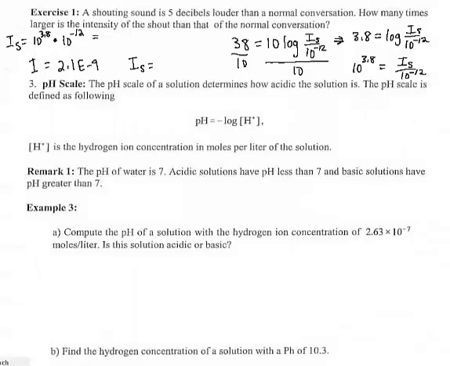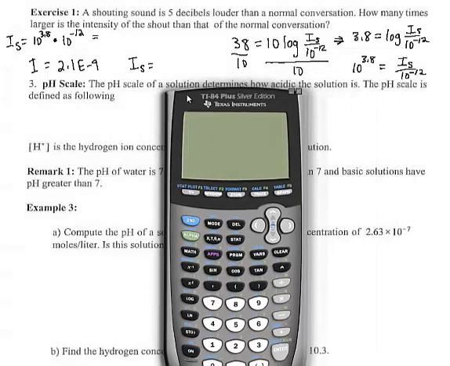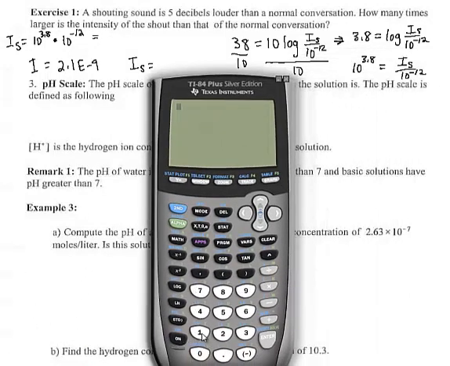Okay, what do we get? We'll pull up our calculator and write 10 to the 3.8 times, I want to get out of the exponent, so arrow right, times 10 to the negative 12th power, and we get 6.309.